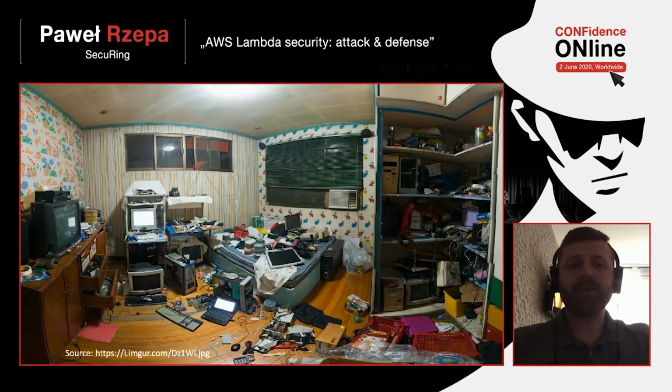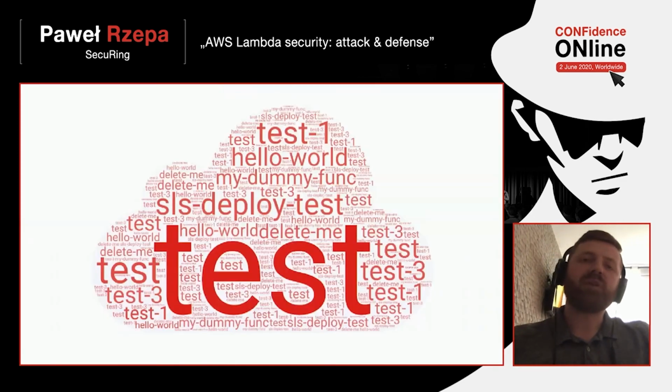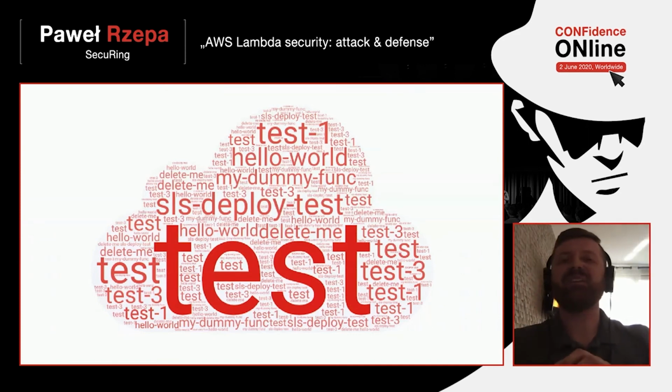And last but not least, in the beginning of the internet, many server rooms looked like this. And when we migrated to cloud, I think, and this is my personal opinion, that we still have the same behaviors. So when I'm doing cloud security assessments, I see a lot of dangling Lambda functions, dangling test resources, which nobody is using anymore.